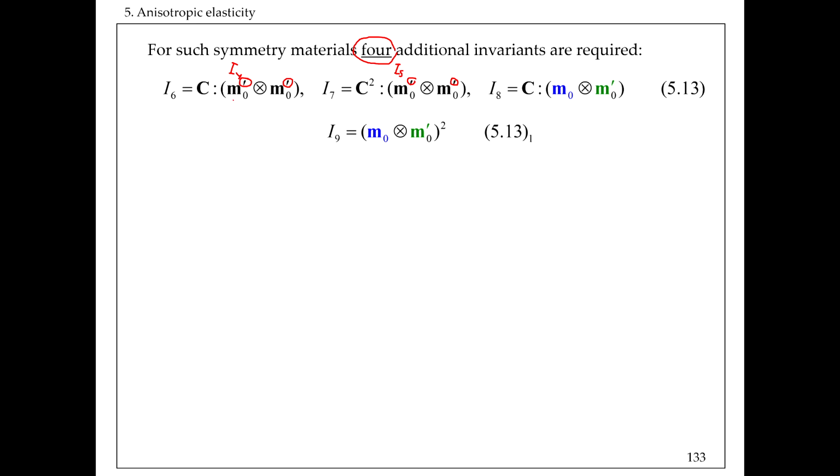Then I8 and I9 represent the mixed structure tensor, the tensor product of these 2. One is from one family of fibers and the other is from the second family of fibers.